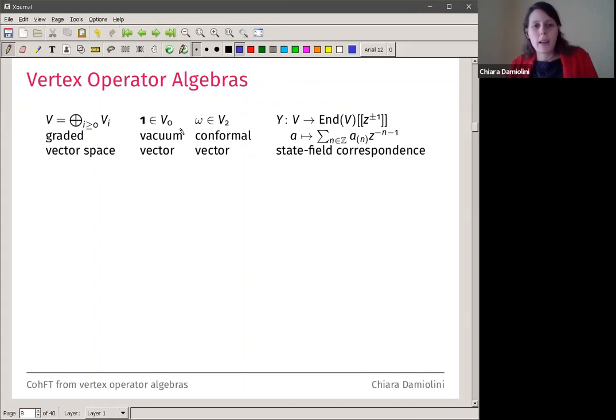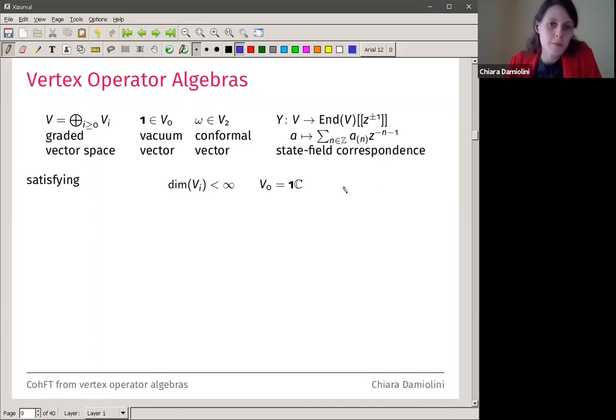Of course, there are some axioms which must be satisfied, which I will not write here because we are not going to use them directly in the talk. But what I want to emphasize is that we will further assume that each graded part V_i is finite dimensional, and that the vertex algebra is chiral, meaning V_0 is only one dimensional. Very often we say the vertex operator algebra is of CFT type if these conditions are verified.